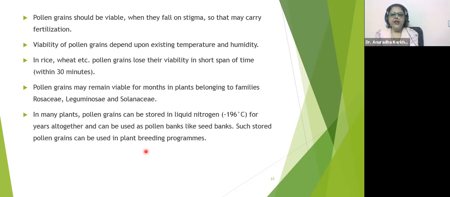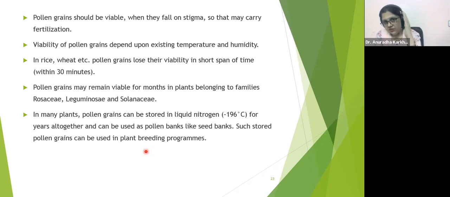Right? Viability of pollen grain depends upon existing temperature and humidity. Please remember these two factors, that whether the pollen will remain viable or not will be decided by the humidity and the temperature when they are liberated. In rice, wheat, jowar, bajra, maize, sugarcane, all of them, the pollen grains lose their viability in a short time span, that is only 30 minutes.